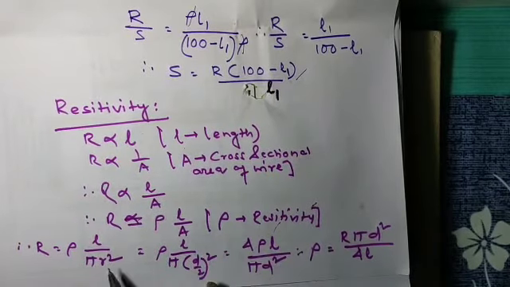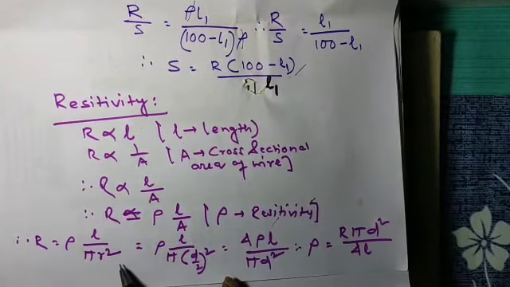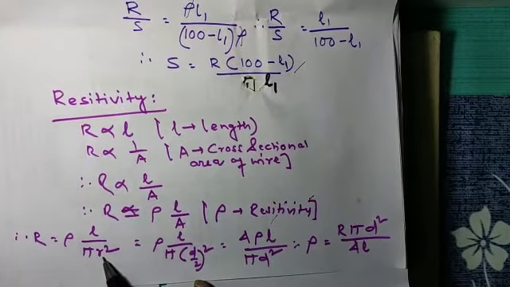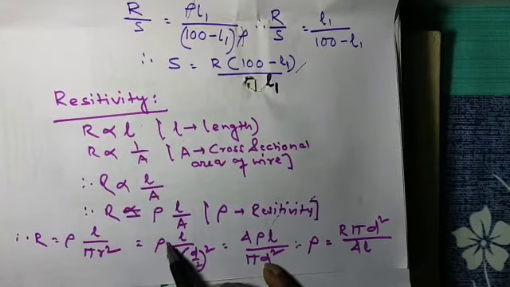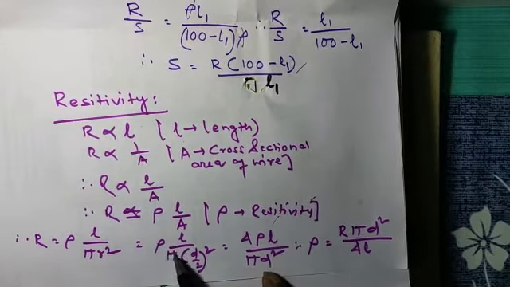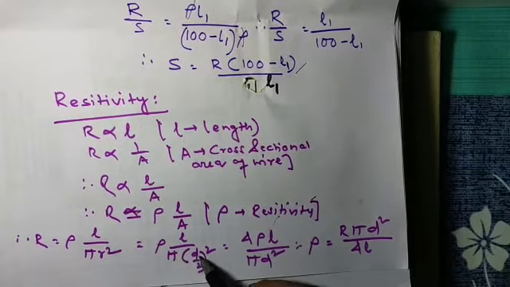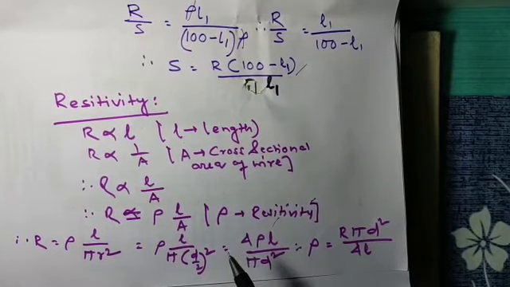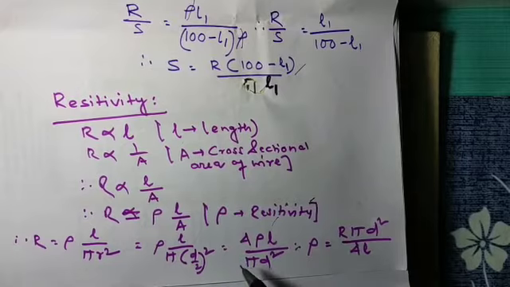In place of A, we can write pi r square, if r is the radius of the wire. We can also write it as rho into L by pi into (d by 2) square, where d is the diameter of that wire.